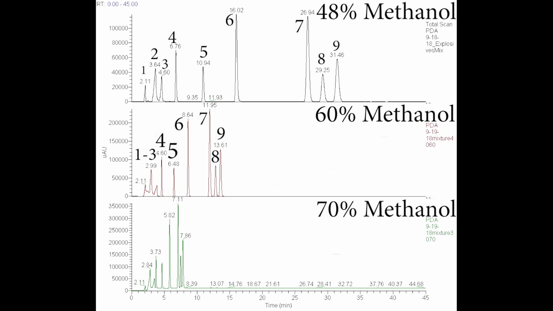Now, what we would like is to have a lower percent B while those first few compounds elute, but then increase the percent B to push those last 7, 8, and 9 peaks, those last explosives, off faster. But there's no reason we can't do that.